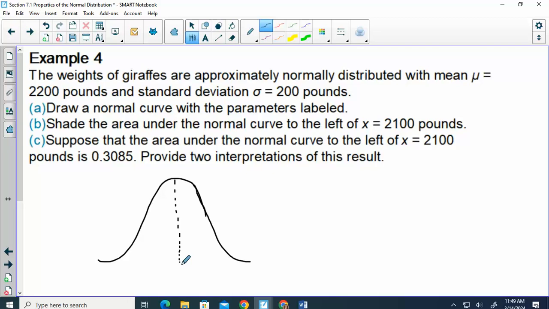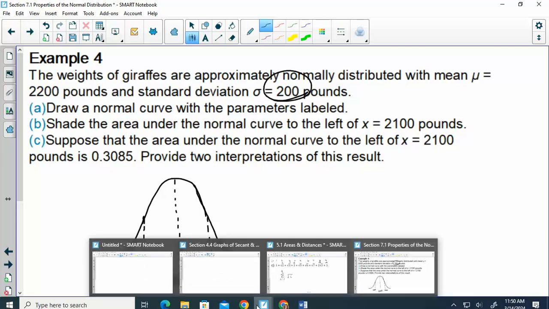So the peak has to happen at the mean, which is 2,200. Then the standard deviation is when the graph starts turning outward. So that would be one standard deviation here and here. My standard deviation is 200, so what would I label this? You would add and subtract your standard deviation.